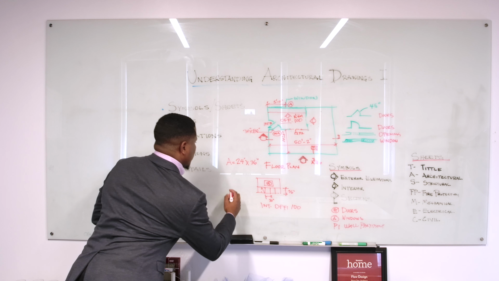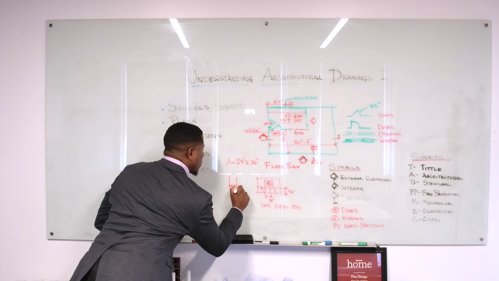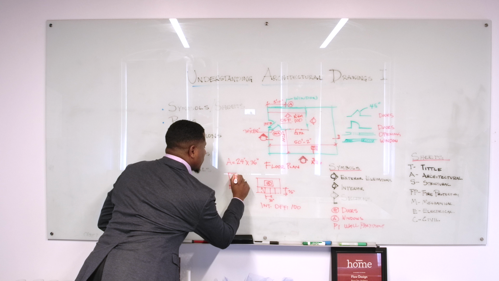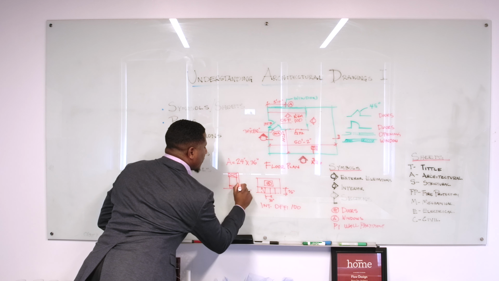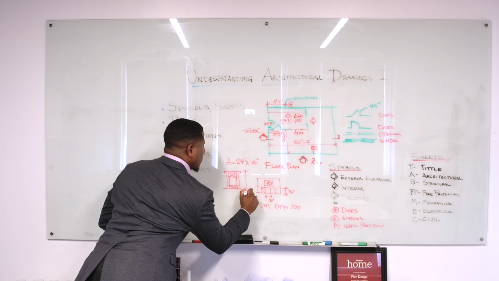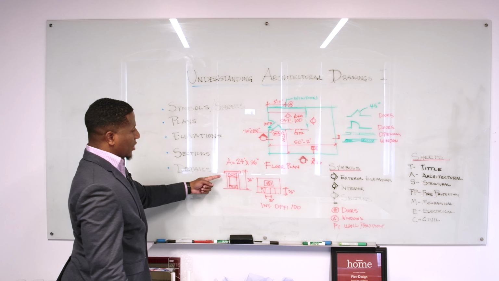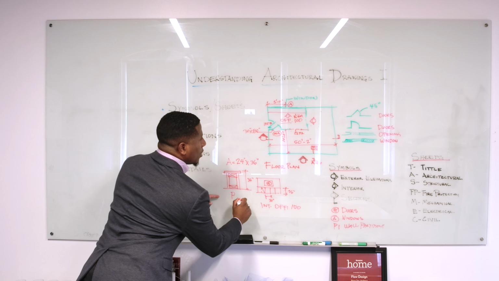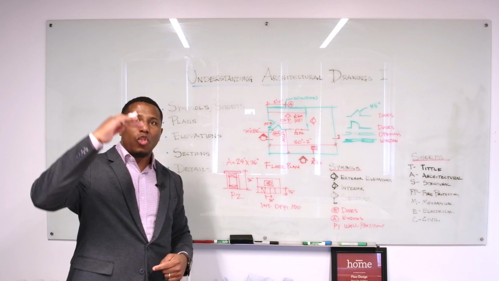Let's say you have an opening, and that partition type, instead of being 2 by 6 for the exterior, maybe that partition type, let's say you have 36 inches. Let's imagine this partition type is P2. This partition type doesn't go all the way to the ceiling.